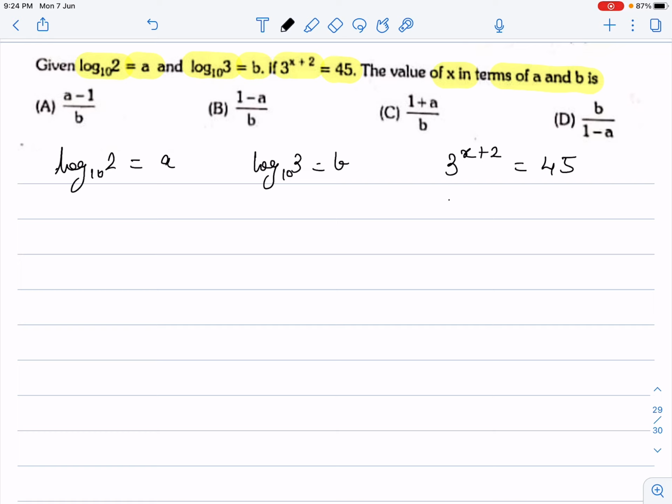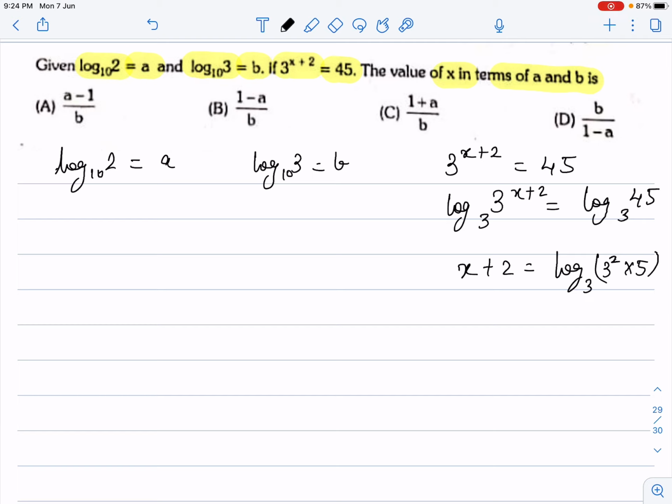So it can be written as log of 3 to the power x plus 2 base 3 is equal to log of 45 base 3, which can be written as x plus 2 is equal to log of 3 square multiplied by 5 base 3. That means x plus 2 is equal to log of 3 square base 3 plus log of 5 base 3, and that will become x plus 2 is equal to 2 plus log of 5 base 3.